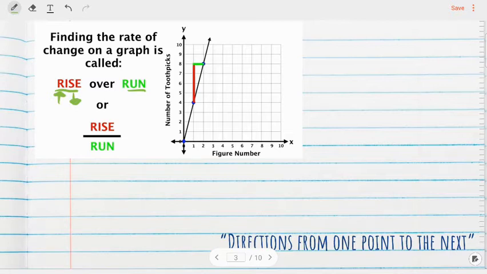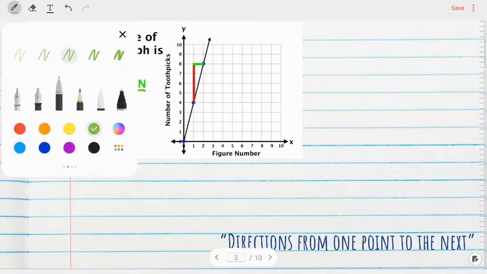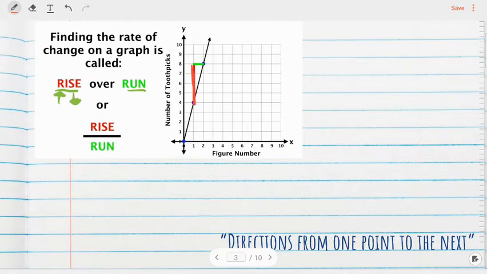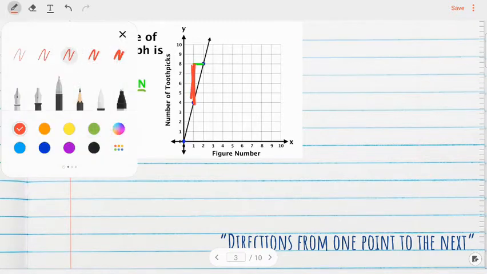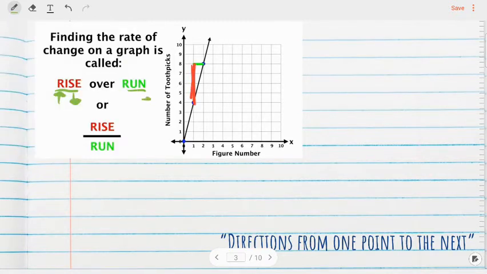We're just talking about this vertical shift on my graph. Run is the change from side to side, so I'm either moving right or I'm moving left. You can see on our graph that run is horizontal. So rise is vertical and run is horizontal.